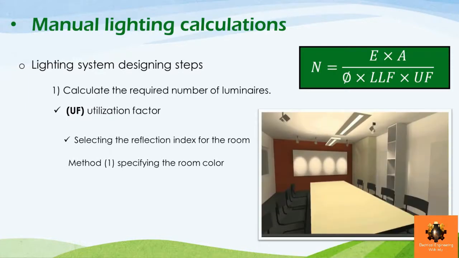Here suppose we have that room, its ceiling color is gray, its walls color is gray also, and finally its floor color is black. In that case, by entering the object's colors in the program we are making the design in, we are assigning the reflection index of each of them by entering the color directly.